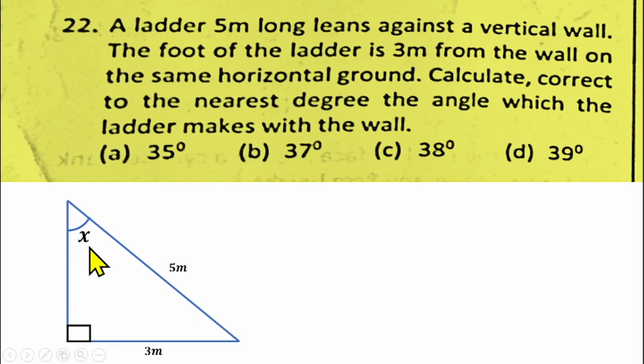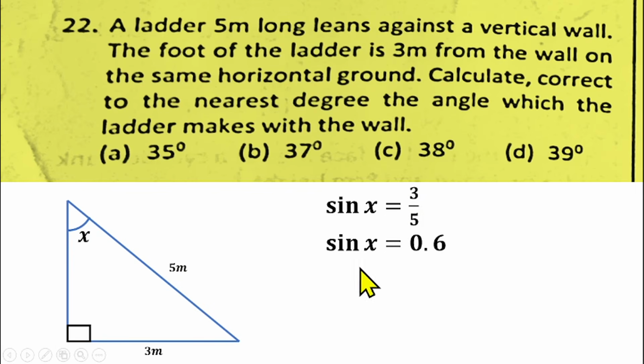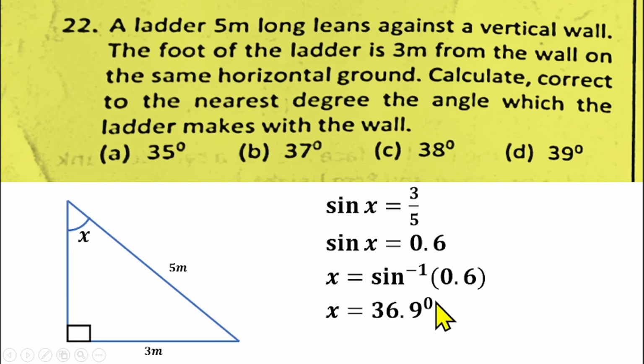So we have to find the angle X here, which is the angle the ladder makes with the wall, and we can use trigonometric ratio to do that, which is opposite over hypotenuse. So we have sine X will give us 3/5. You can check this in decimal, that gives us 0.6. You can now find X by finding the sine inverse of 0.6. So that gives us 36.9. We have to take it approximate to the nearest degree. That gives us 37, which is option B.